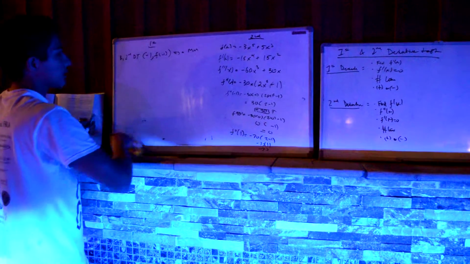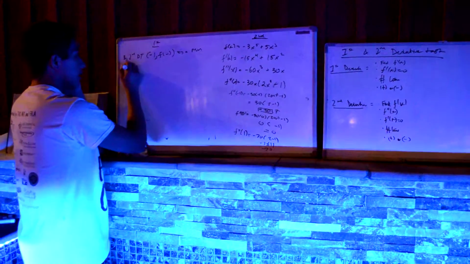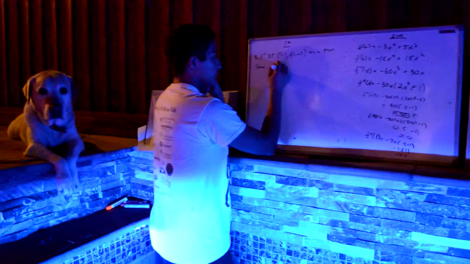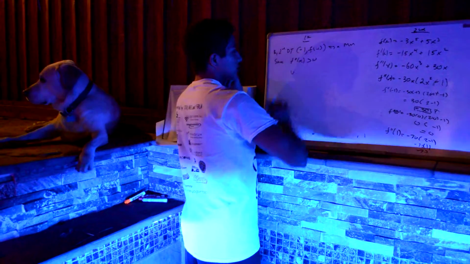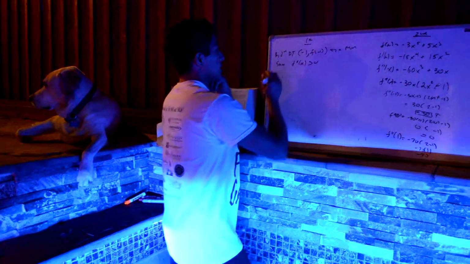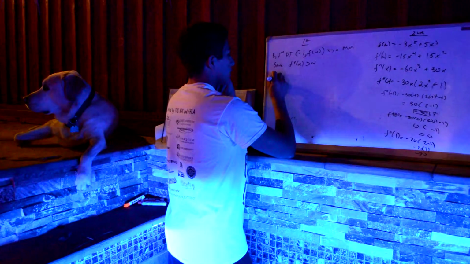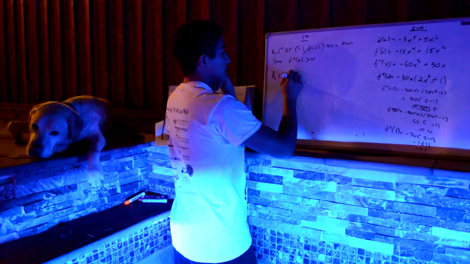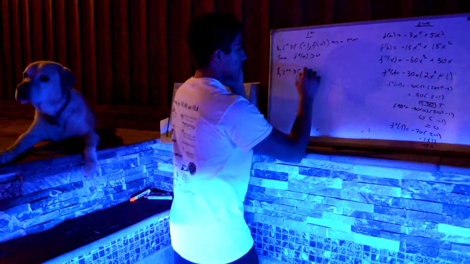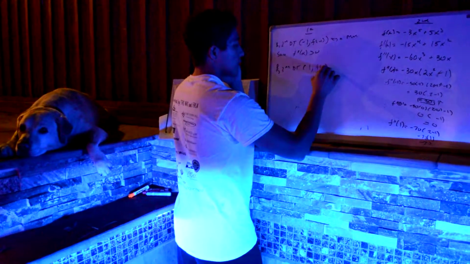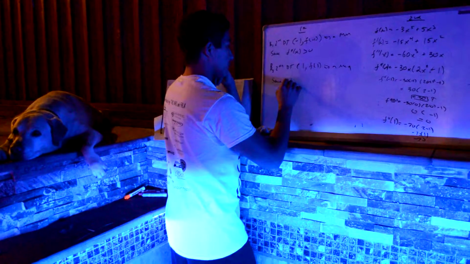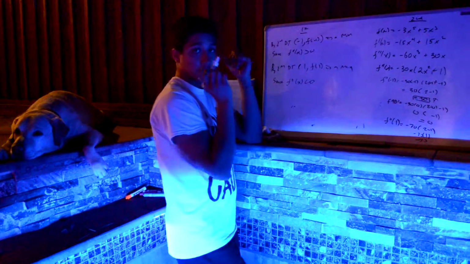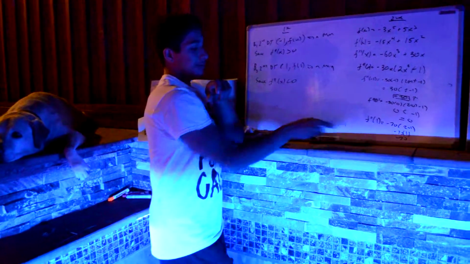Is a minimum since f double prime of x is greater than 0. That's all you have to write. And then by the second derivative test, we said 1 comma f of 1 is a maximum since f double prime of x is less than 0. And that is all. I don't know how to turn it off.